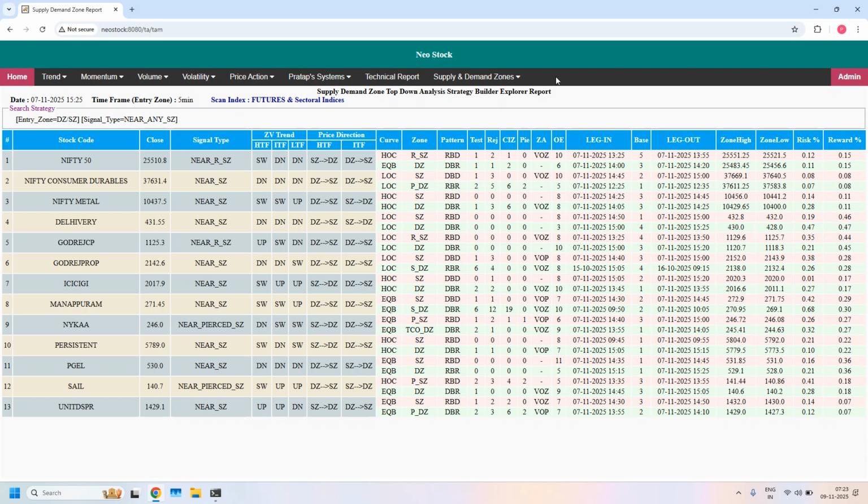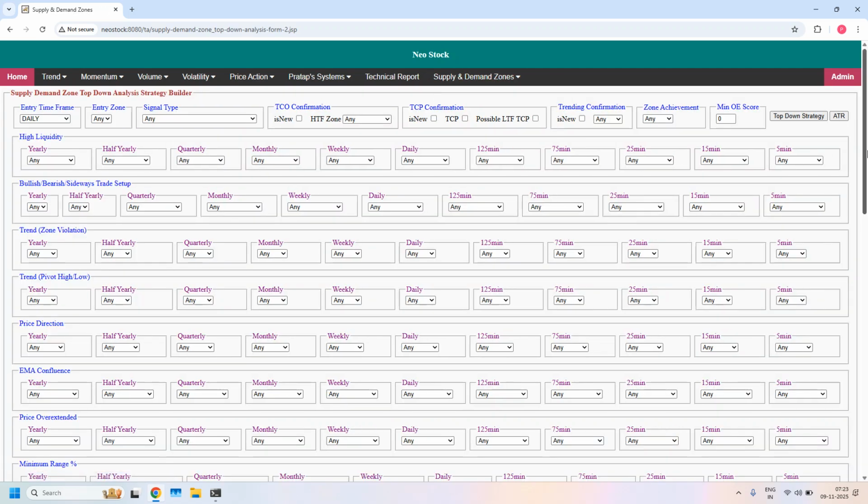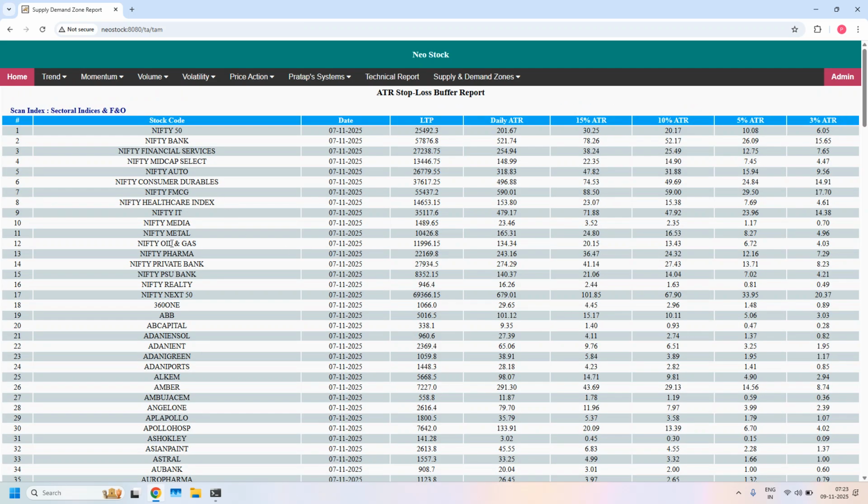And final report, I am generating stop buffers based on daily ATR. First 17 in the list are indices, remaining all are equity stocks. So I am scrolling the list down. Whichever the stock you want to refer, pause the video, study the report and then proceed further.